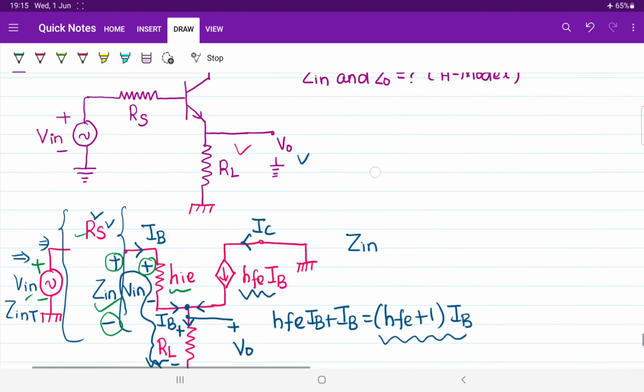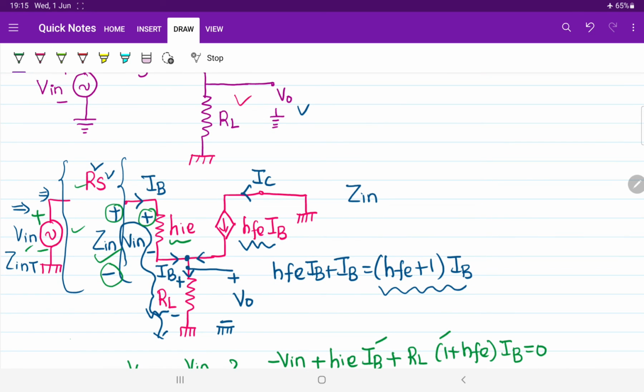So if you find any independent sources, voltage source or current source, whatever, try to deactivate them. After that, apply nodal, KVL, whatever you want to do. Bring the relation between VDC and IDC. That will give you the value of output impedance. Okay, this is how we are calculating the output impedance. This conclusion we know. So just apply this procedure and bring the value of output impedance.